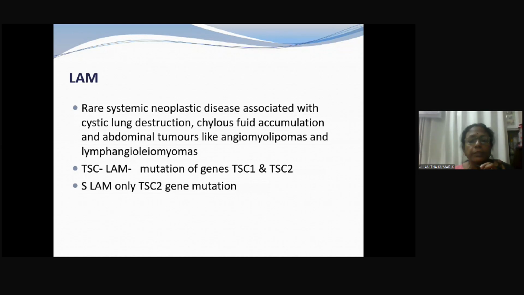We have mutations in the two genes, TSC1 and TSC2, in TSC LAM, whereas in sporadic LAM there is only TSC2 gene mutation. These mutations are seen in all the cell lineages in TSC LAM, and therefore there is a vertical transmission. Whereas in sporadic LAM, this mutation is seen only in the neoplastic tissues present in the lung, lymph nodes, and the kidneys.